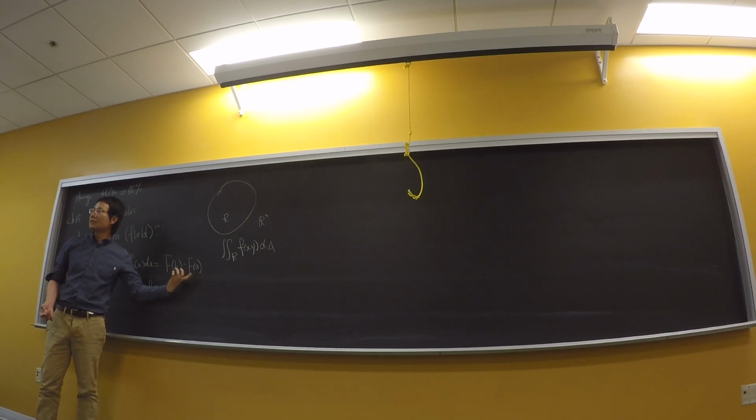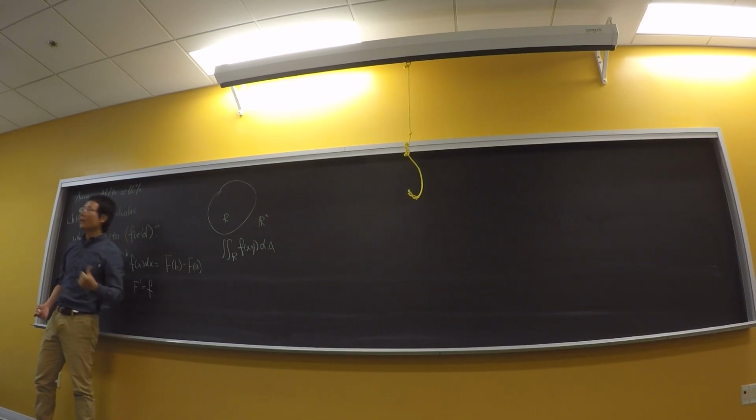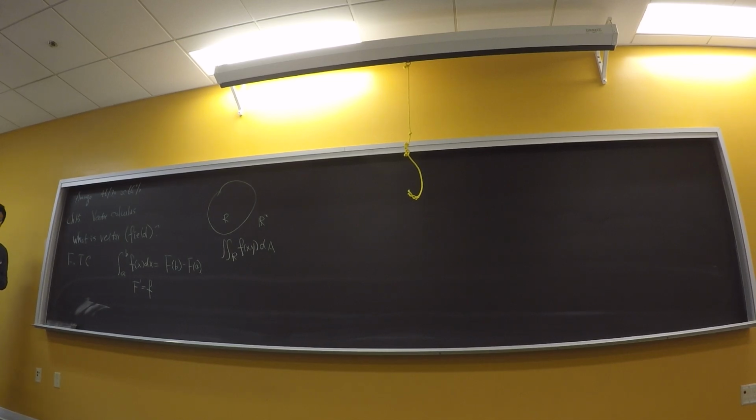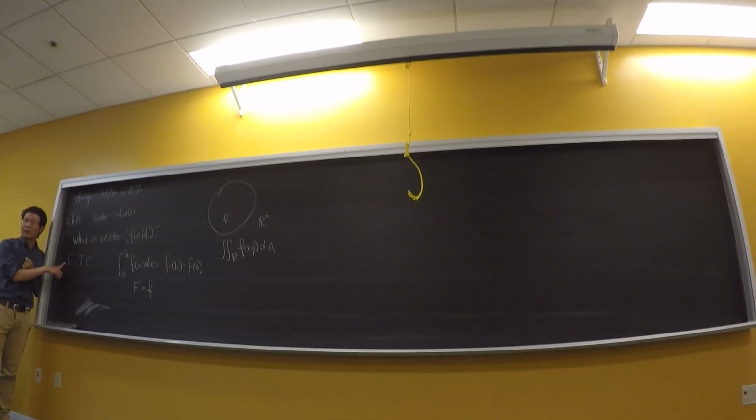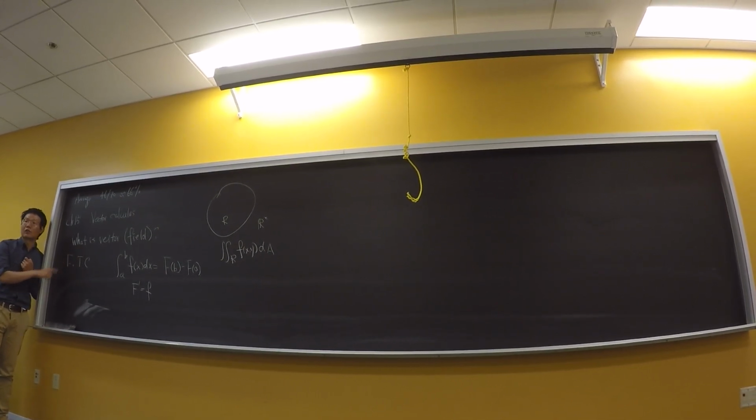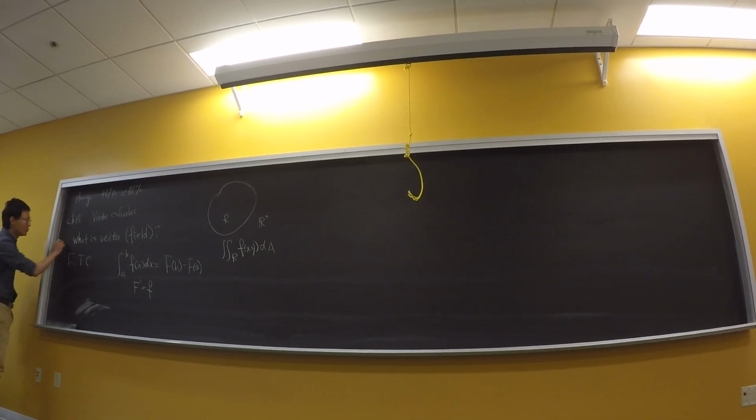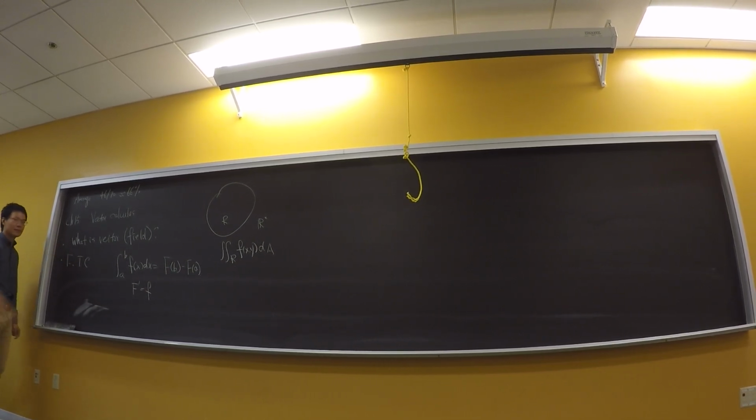All right? So this can only be explained by using vector calculus. So vector calculus is, for one, we have to know how to take derivatives and integration with respect to vector fields. For two, we can generalize the fundamental theorem of calculus from the one variable case to the multivariable case. So we have two big objectives right here.